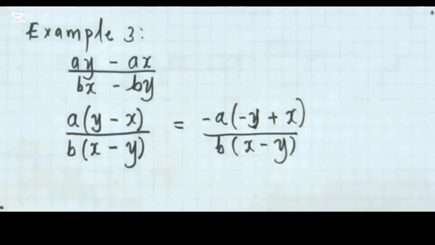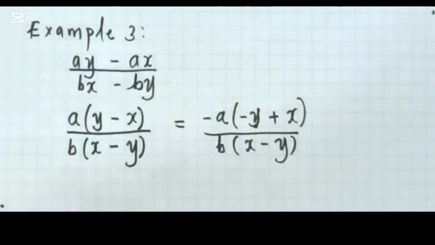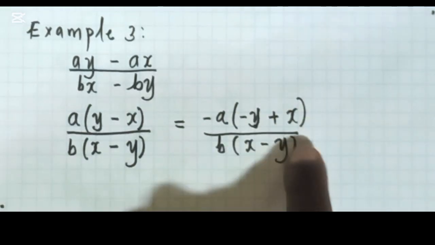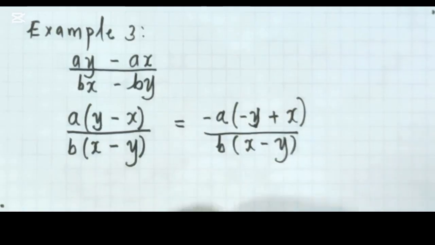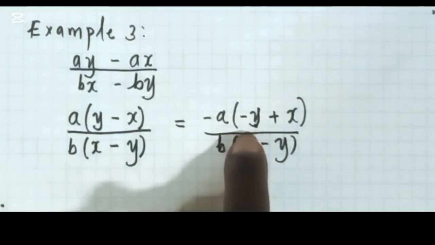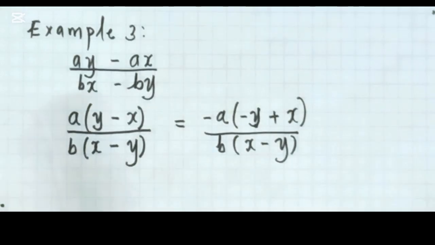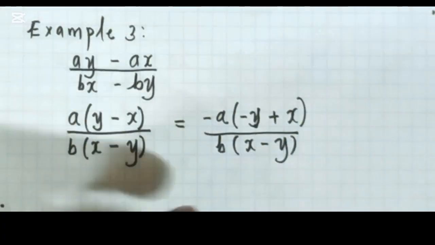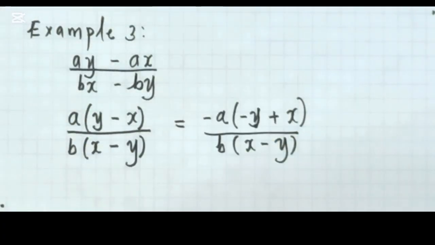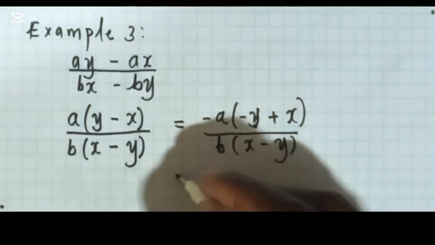And so that will affect the whole fraction. And so we can rearrange whatever we have in the numerator, so basically just have x minus y. We are having +x and -y, so instead of having it as y there, we can rearrange whatever we have in the numerator so that we have x minus y. Then it will be easy to compare with the denominator.